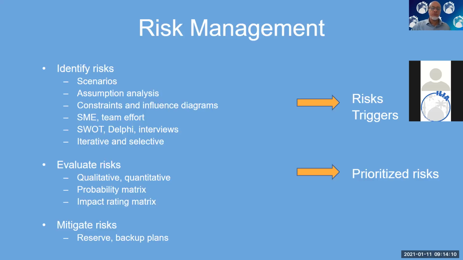So who weighs in on risk identification? It's your subject matter experts. Depending on what you're working on, if it's a crisis line that has technology involved and has processes and people, you would have a subject matter expert who knows about human beings and how they work. You'd have someone who knows about technology, specifically the technology you're using.